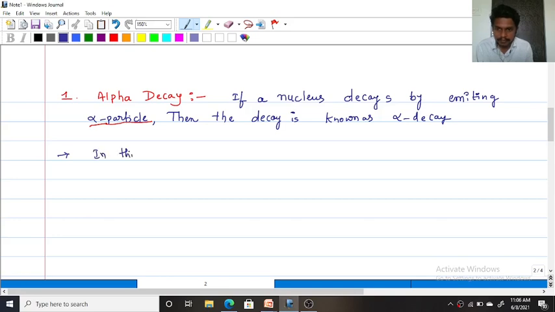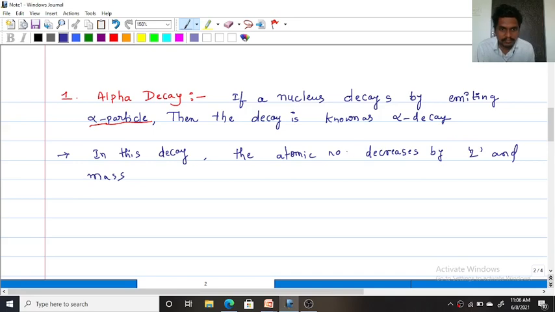In this decay or disintegration process, the atomic number, generally represented by the symbol Z, decreases by 2 units, and the mass number A decreases by 4 units.